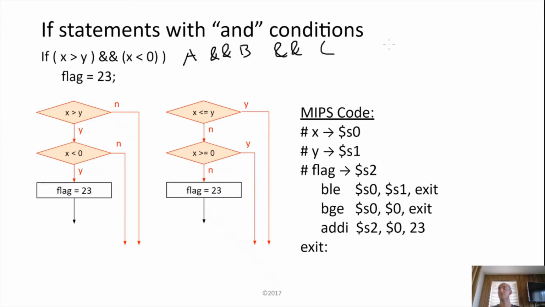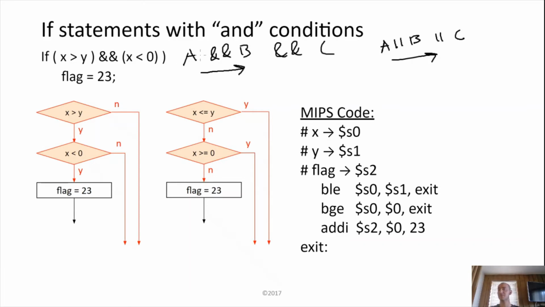However, if you had A or B or C, and that's the symbol for or, if any of them is true, you are good to go to your condition. That's also how the assembler works. You start from here. If this is true, you check the next one because you have to verify all of them are true.